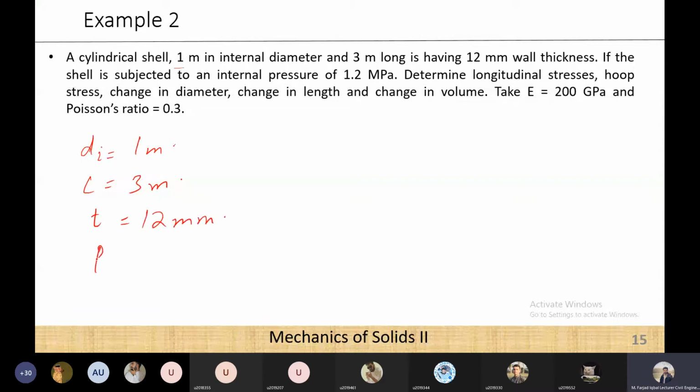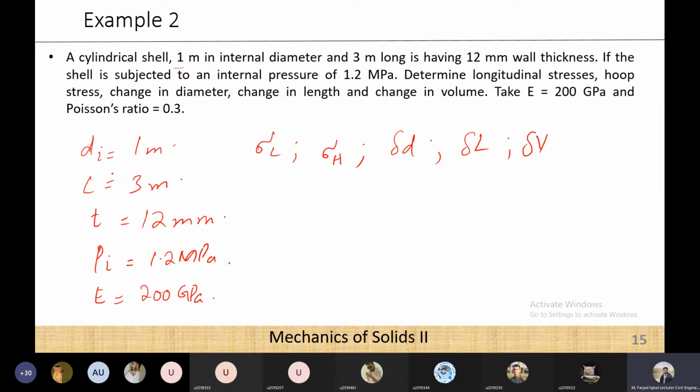The internal pressure is given to us as 1.2 megapascals, and we have to figure out the longitudinal stress, the hoop stress, the change in diameter, that is delta D, change in length, change in volume, and modulus of elasticity is given to us as 200 gigapascal, and the Poisson ratio is given to us as 0.3.